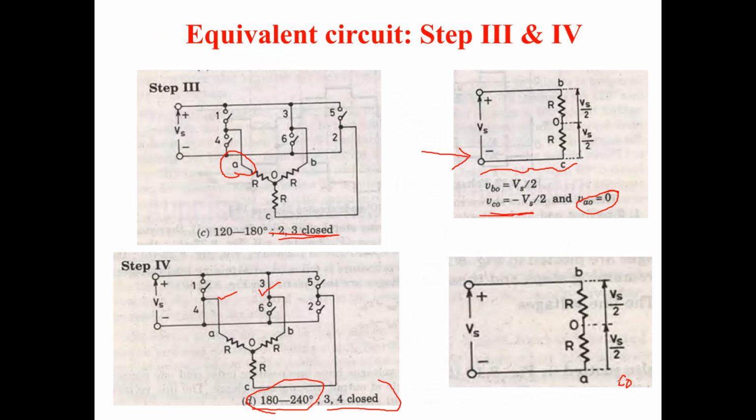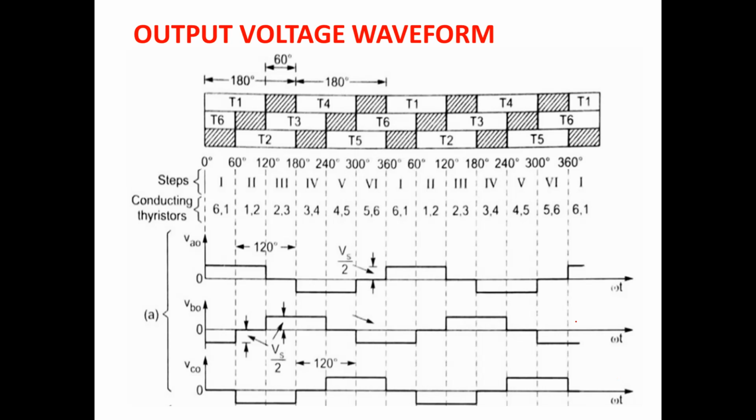Similarly, the output voltage waveform will appear with the respective waveforms of the conducting thyristors, VA naught, VB naught and VC naught, according to the thyristor steps conducting. So thyristors 1 and 6 will be conducting, and 1 and 2.